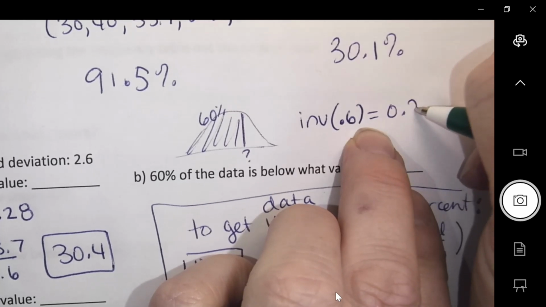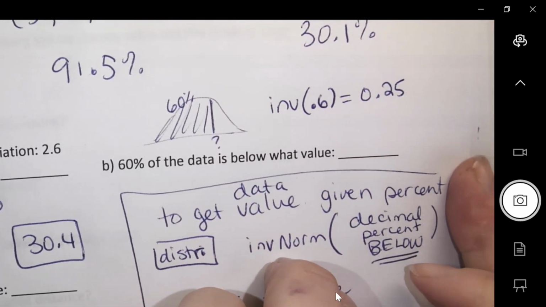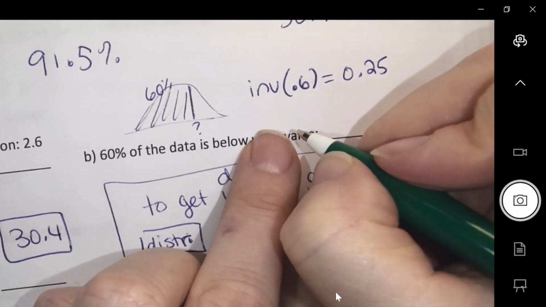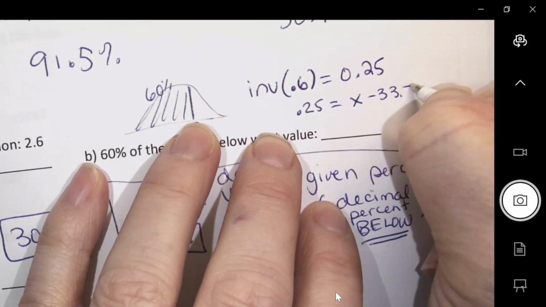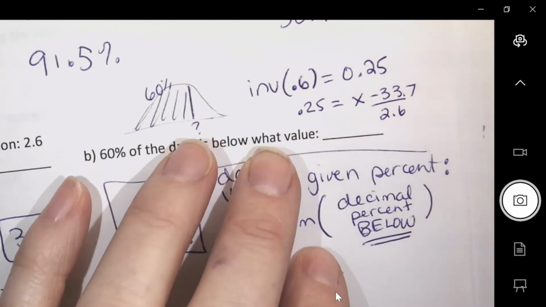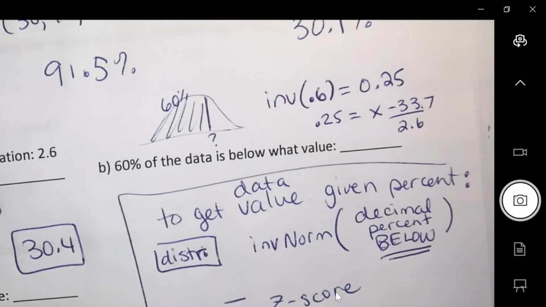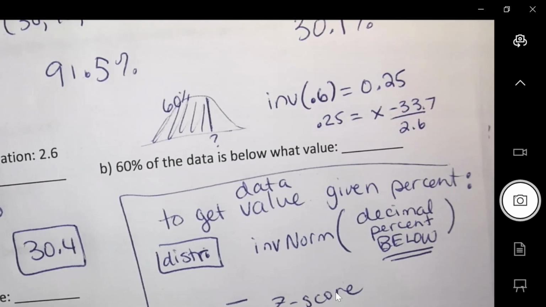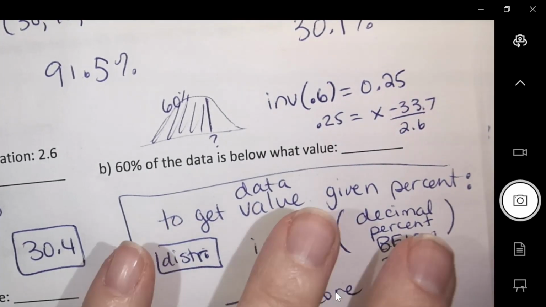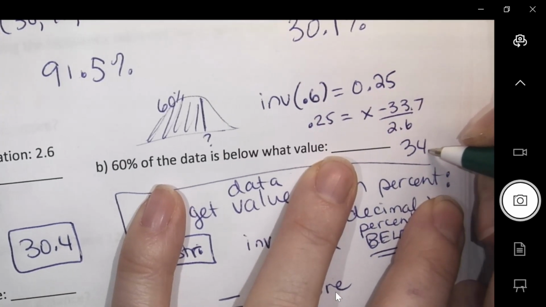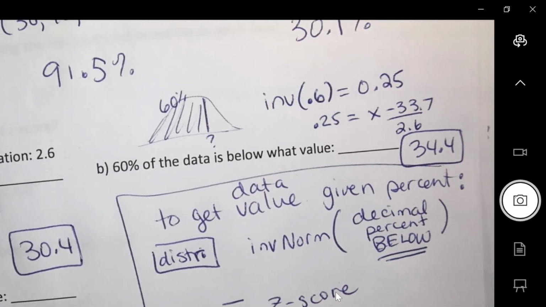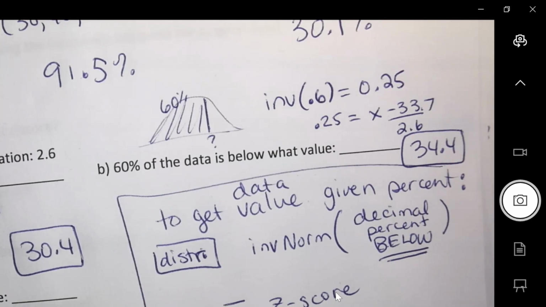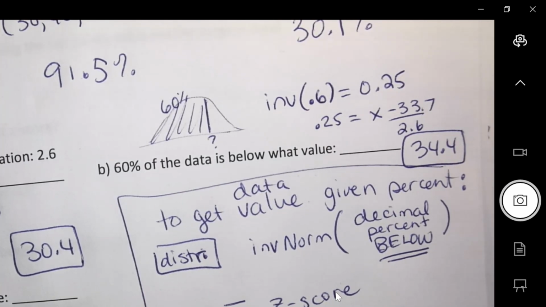And I get a z-score of 0.25. Okay, same process, times by 2.6, add.